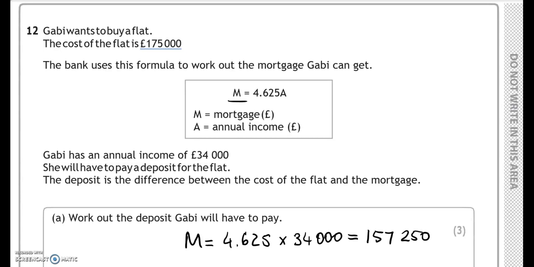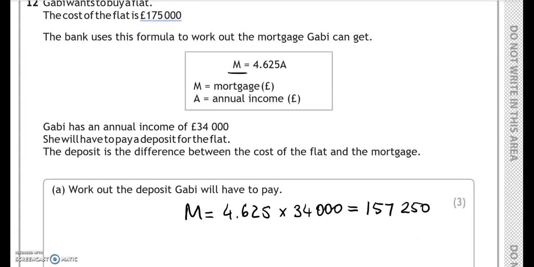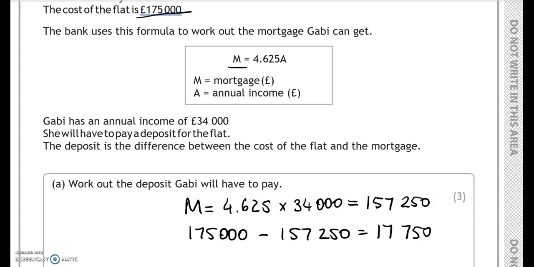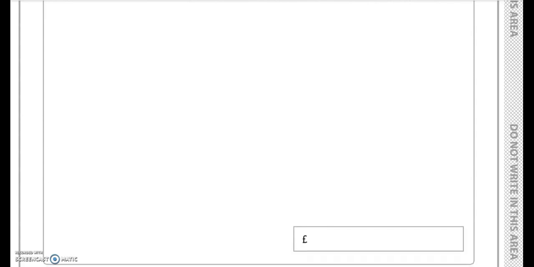Now to work out the deposit, which is the difference, we're going to take this amount away from £175,000. So 175,000 take away 157,250 gives us 17,750. So we'll write it here, 17,750.